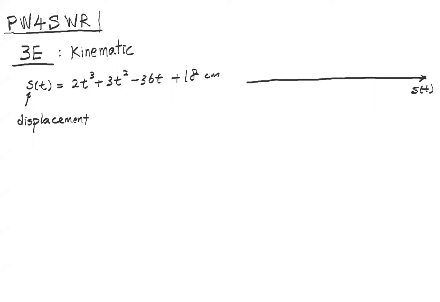There is a fixed point on this straight line, which we call the origin. When I say displacement, that means how far the object is from the fixed point. That is called displacement.